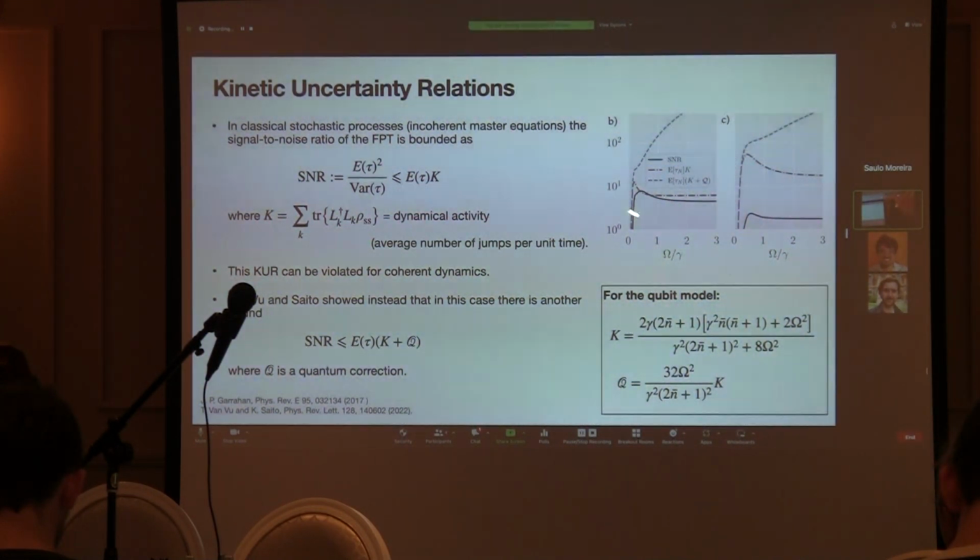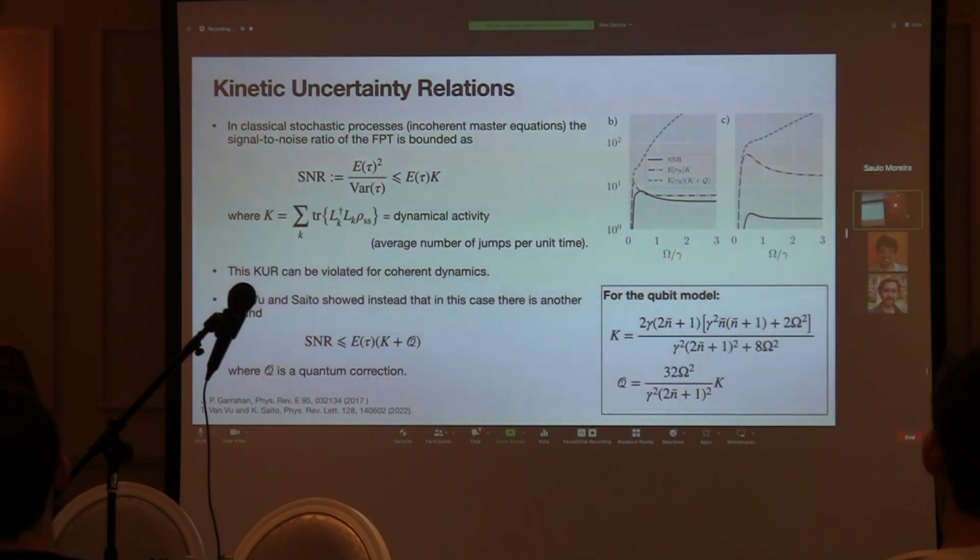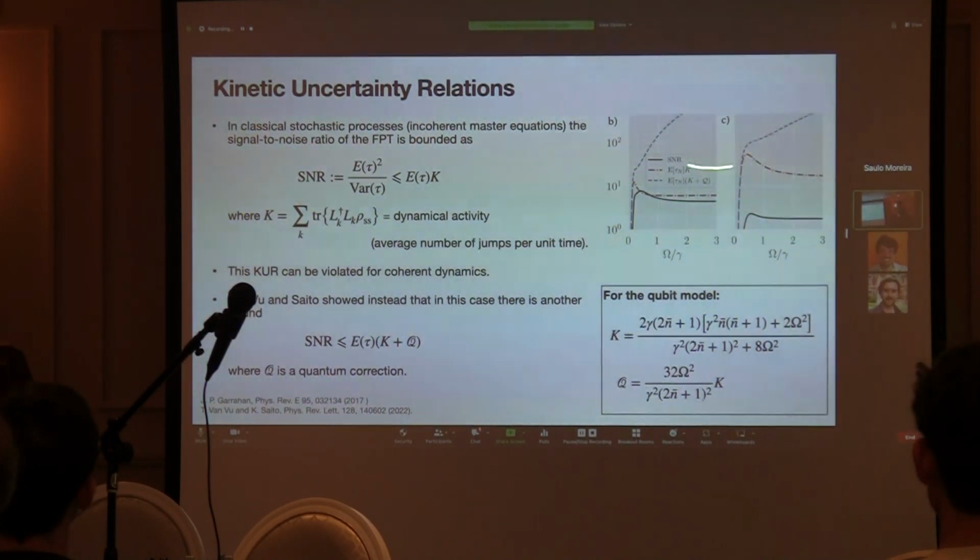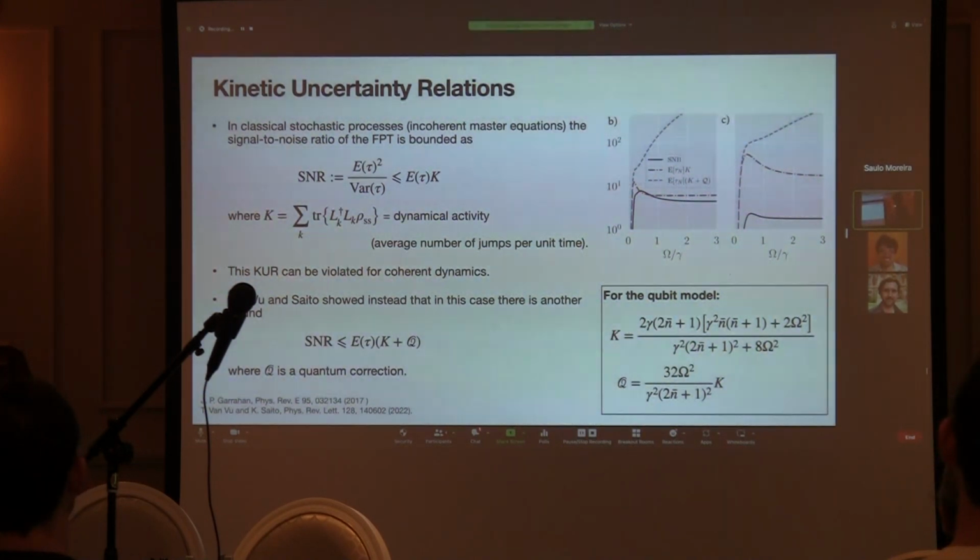But overall, the classical bound follows closely the evolution of the signal-to-noise ratio. The quantum bound, on the other hand, is never violated, right? That's for sure, it cannot be. So the blue will never be below black. However, it is also quite loose, and it doesn't seem to describe very well the behavior of the SNR.